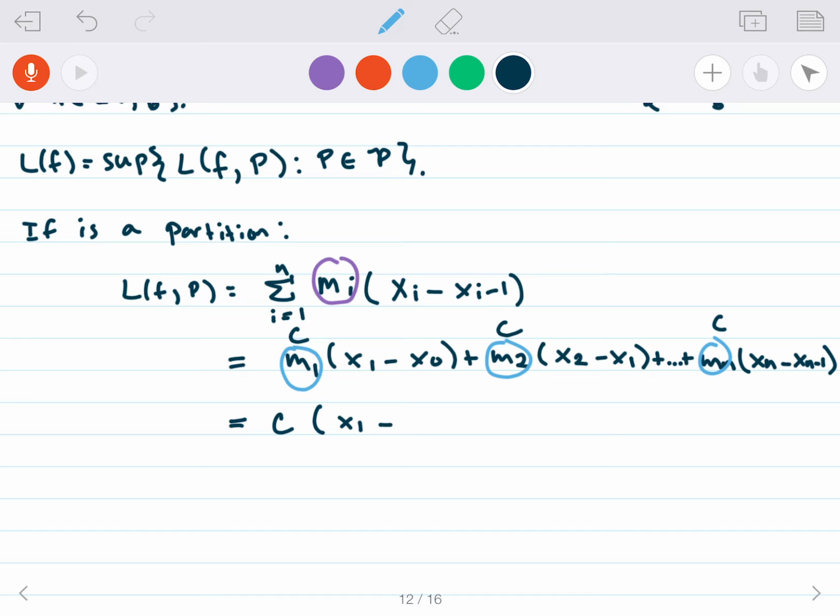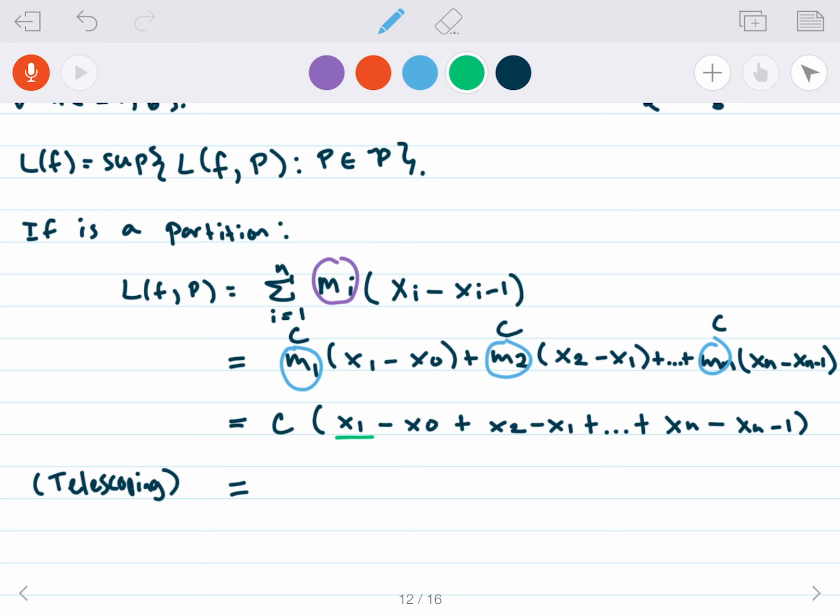So this is going to be x_1 minus x_0 plus x_2 minus x_1 plus dot dot dot plus x_n minus x_{n-1}. Okay, and so the telescoping part, what does that mean? That means that I have a bunch of stuff that's canceling out.